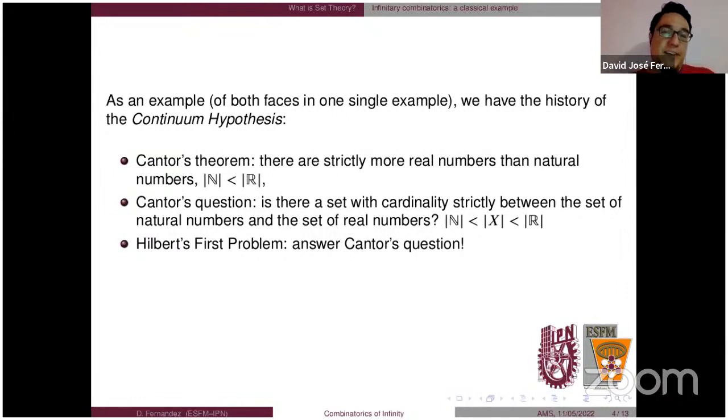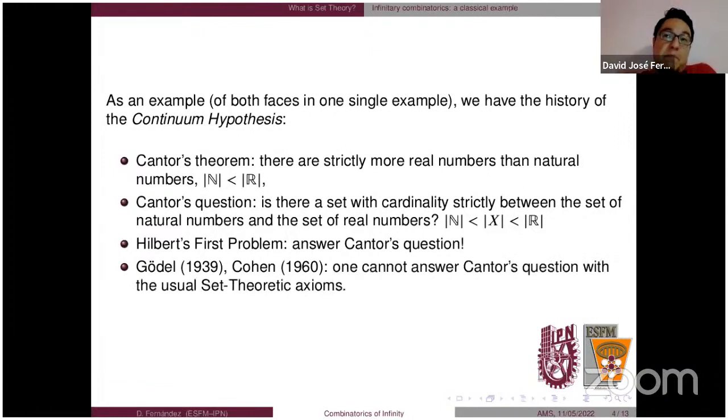And well, eventually it was solved. This is a theorem partly by Gödel, partly by Cohen. Each of them did arguably one half of the theorem, and Cohen got a Fields Medal for this result. But the answer was basically that you cannot answer the question.